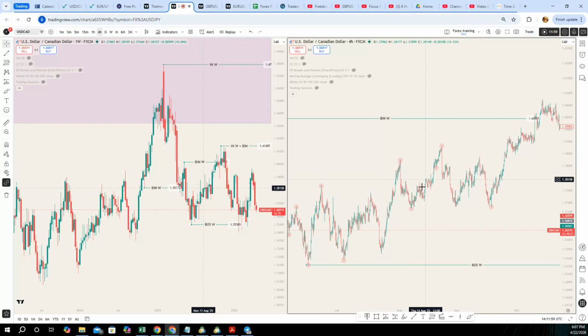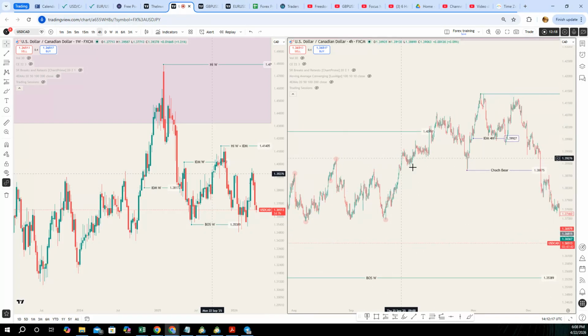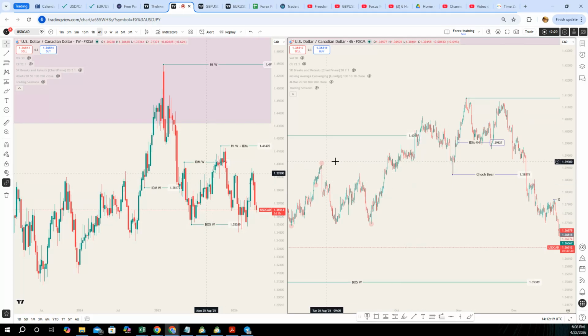This structure has been hit. This is the low. The low has not been hit here. This is the lowest low. But the high is hit, so this becomes the new low. Okay, so now this is the new low.